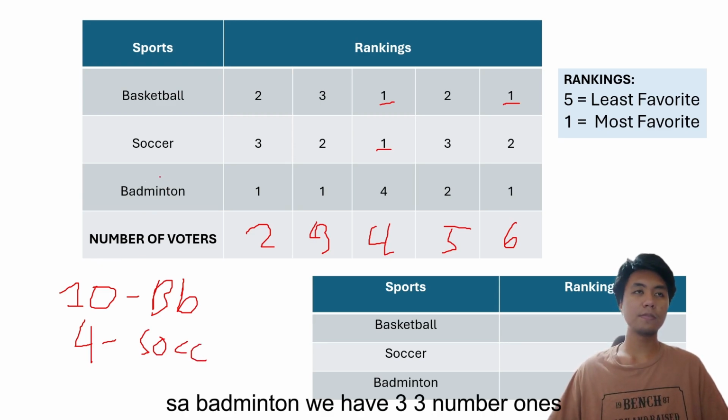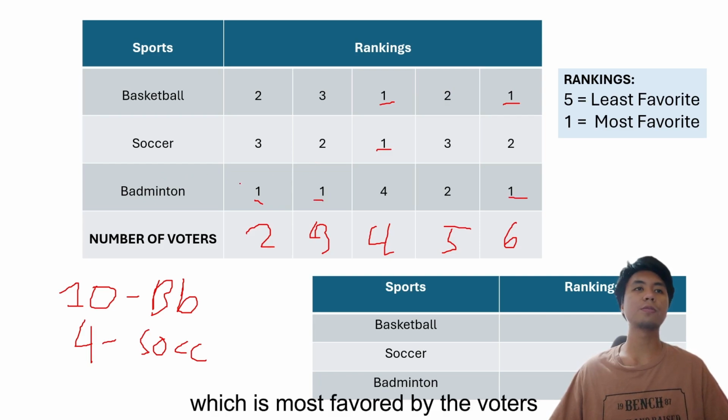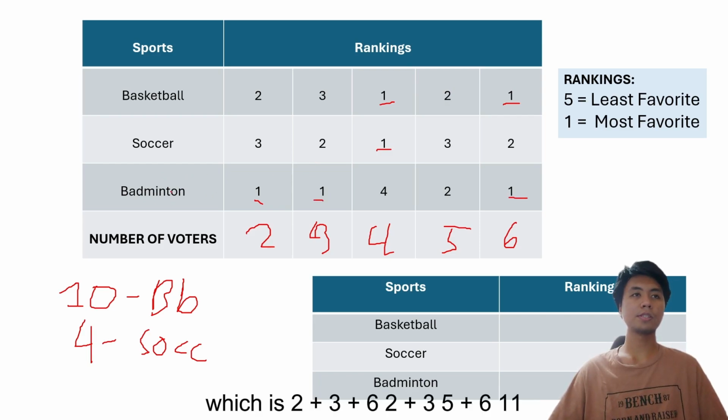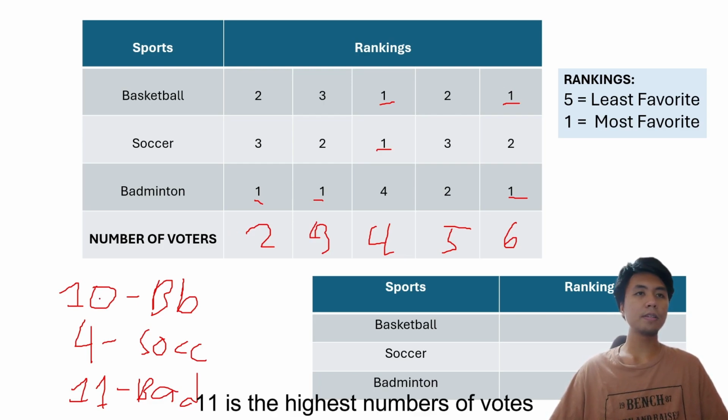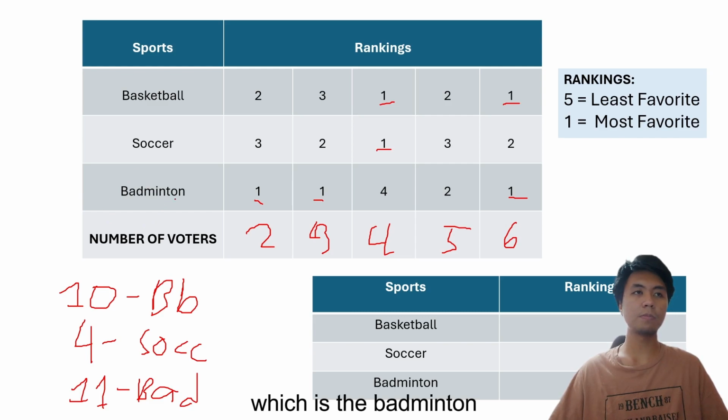Sa badminton, we have 3 number 1s, which is most favored by the voters, which is 2 plus 3 plus 6. 2 plus 3, 5, plus 6, 11. So 11 is the highest numbers of votes, which is the badminton.